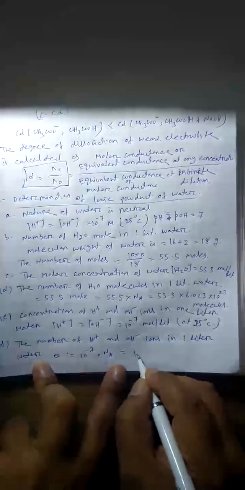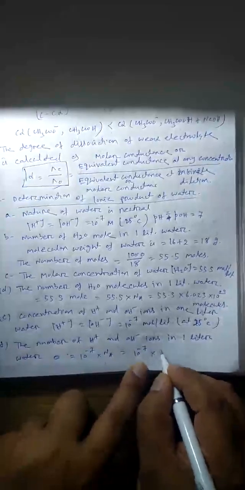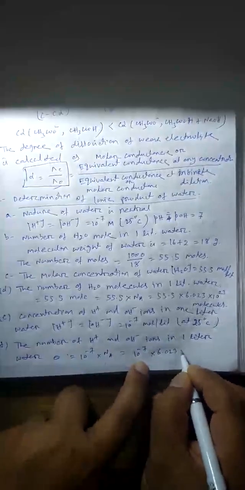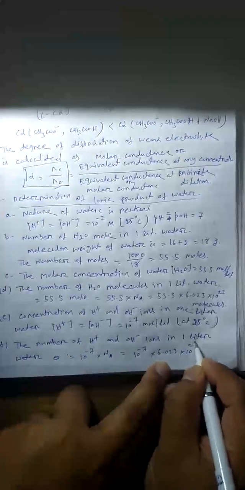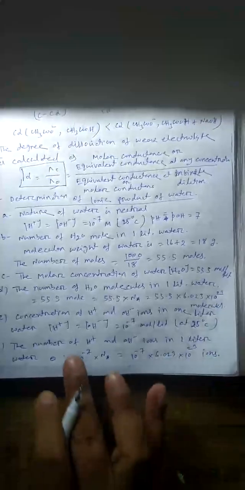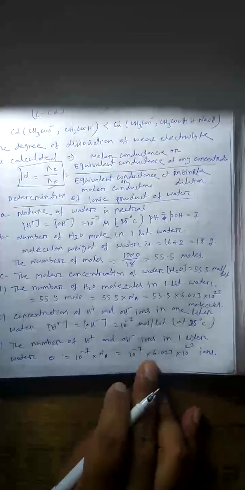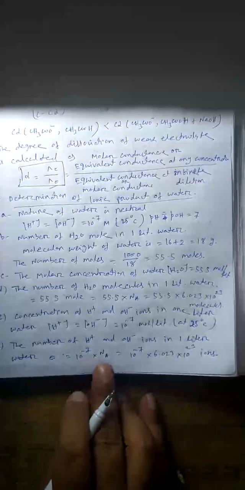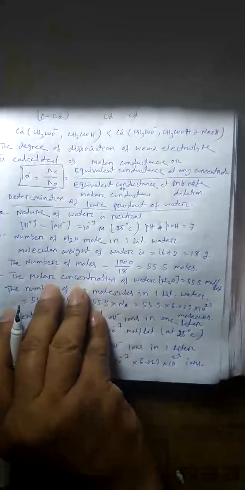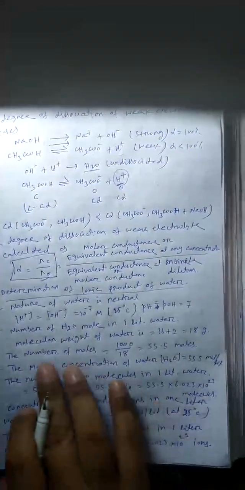That means 10 to the power minus 7 into 6.023 10 to the power 23 ions. That means H plus ion present in 1 liter of water is equal to 10 to the power minus 7 into Na. Na is the Avogadro number.